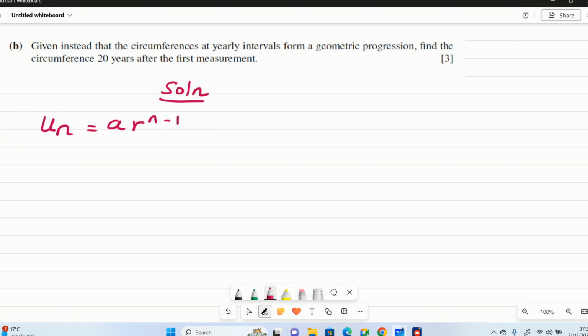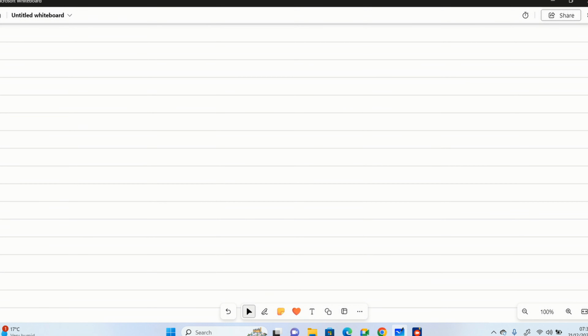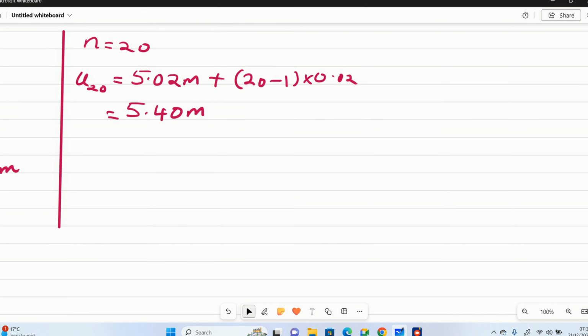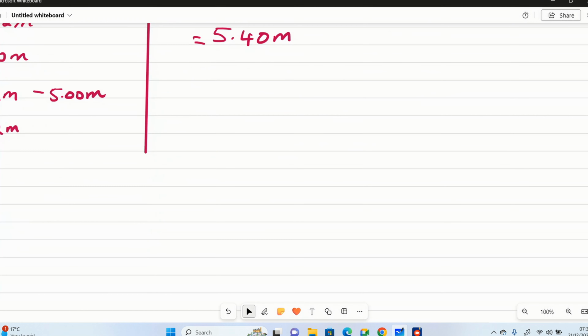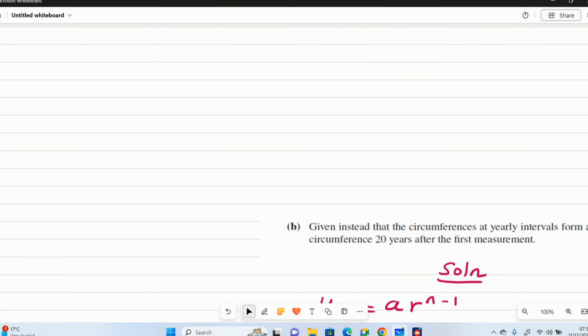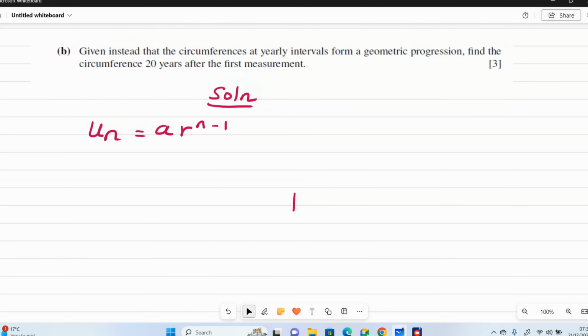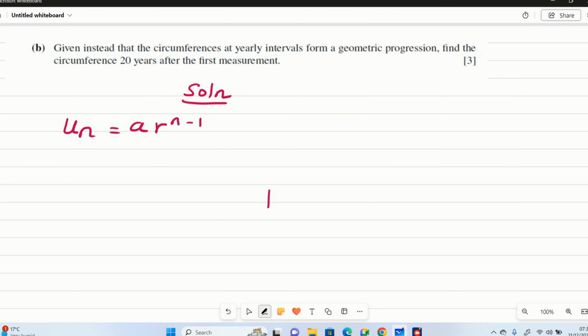But you've been given from the question at the beginning, if you read the question very well, our U0 is 5.00 and our U1 is 5.02. So we can actually create a sequence like this: U0 is 5.00, then 5.02.